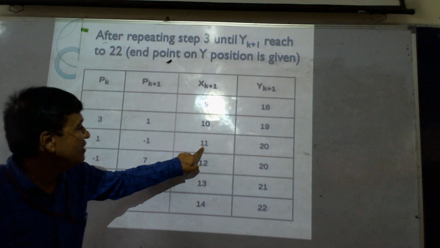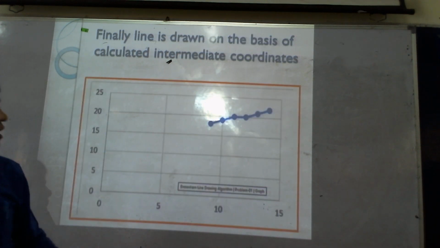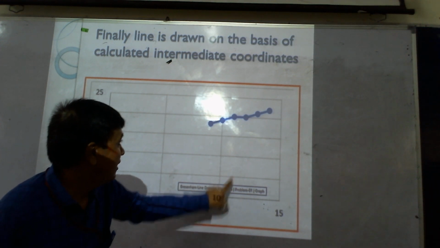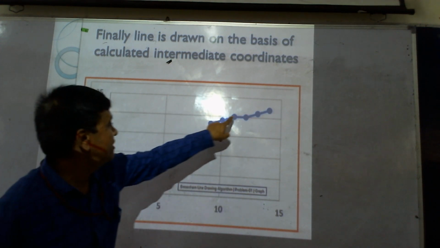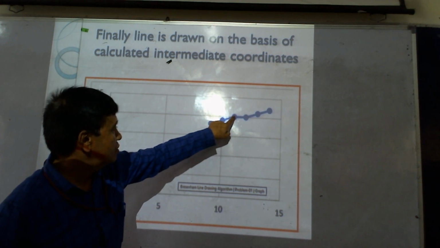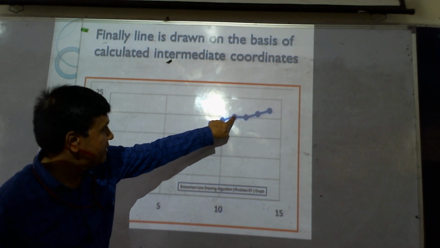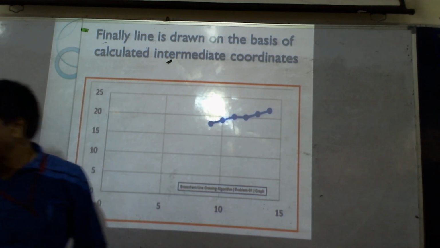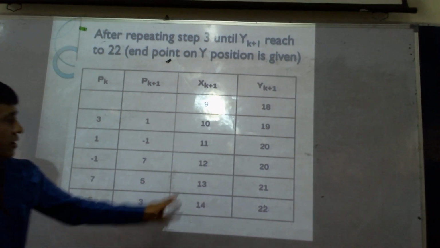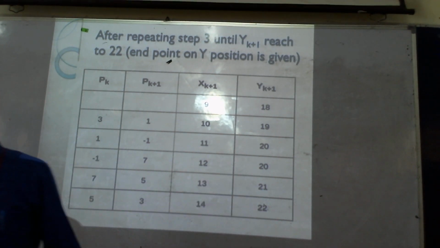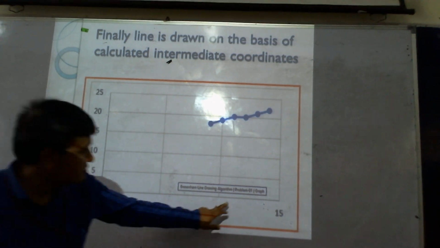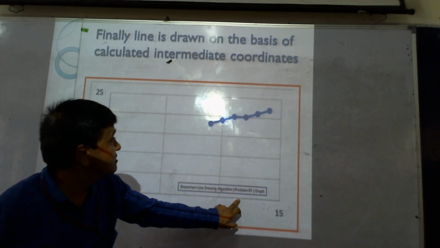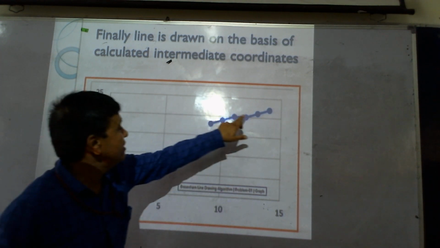Another point is 11, 20, and see 11 on the x-axis is here and 20 is here, so the next pixel coordinate is drawn here. Another is 12, 20. This is approximately 12 on the x-axis, and this is 20.